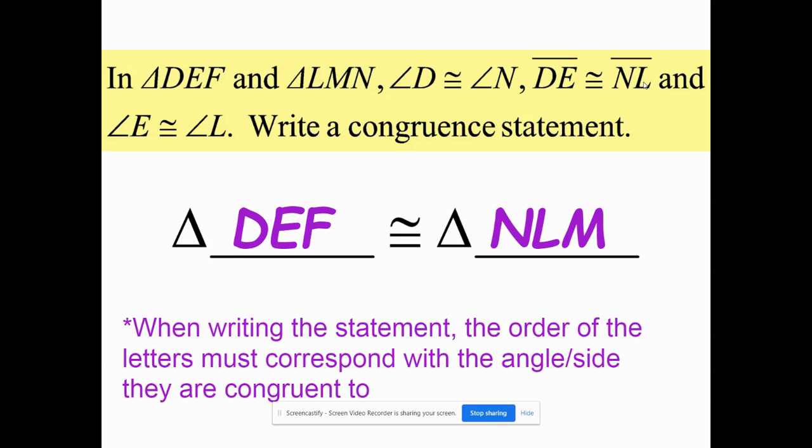DE and NL line up. Angle E and angle L match, they're corresponding. So that only leaves us with F and M to be corresponding. So you'll notice they gave us a different triangle name at the beginning, but when I'm writing this congruence statement, I have to make sure the order corresponds. And that's going to be true with everything we do in this unit.